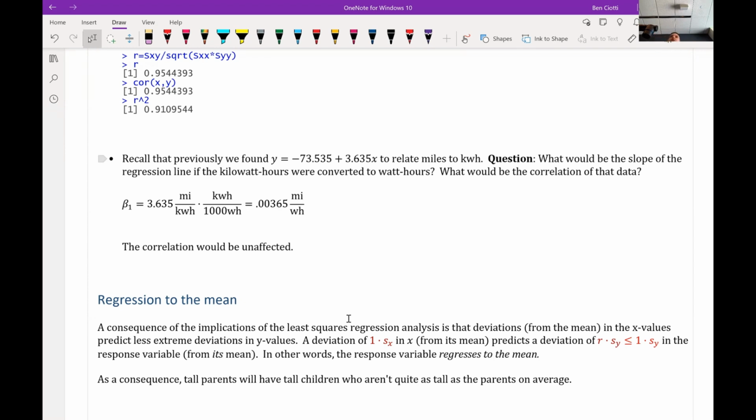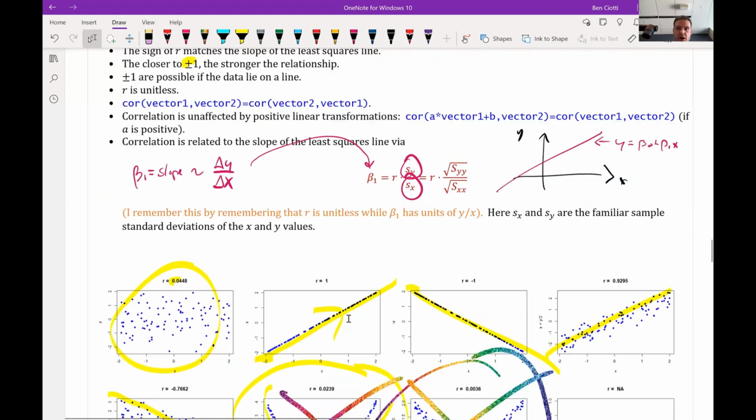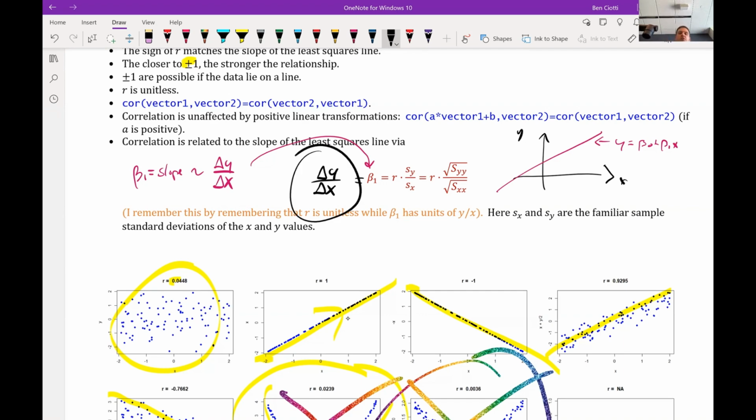Well, it turns out to be a consequence of an equation that I gave you previously, which is this equation. So remember, beta 1 is the change in y predicted by some change in x. Or I should say the change in y predicted by a 1 unit change in x, or the ratio of delta y over delta x.